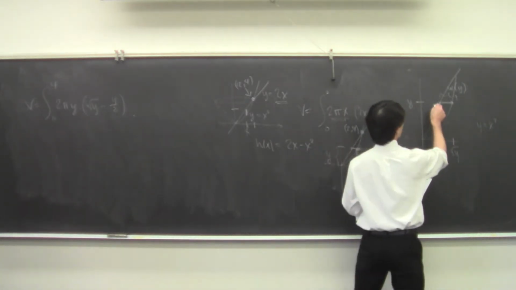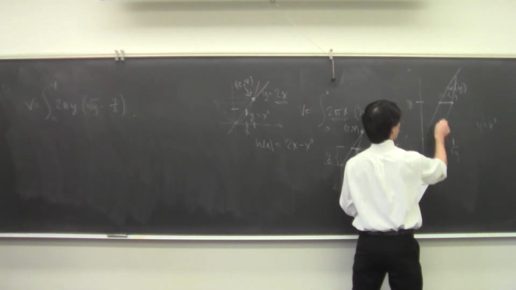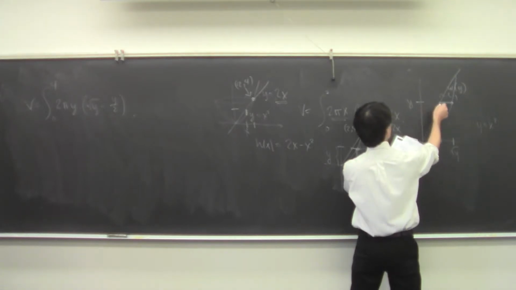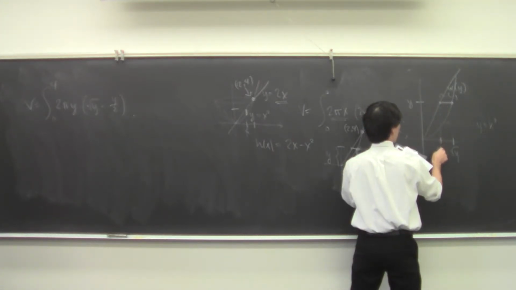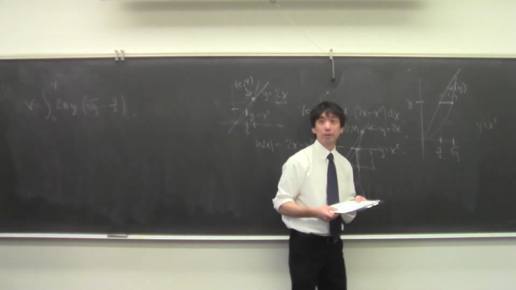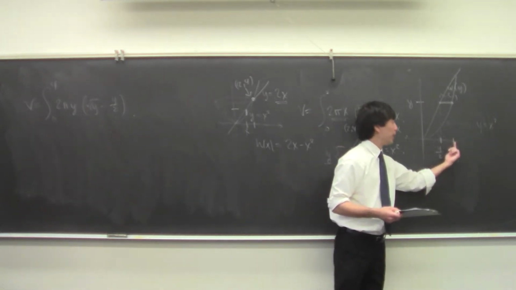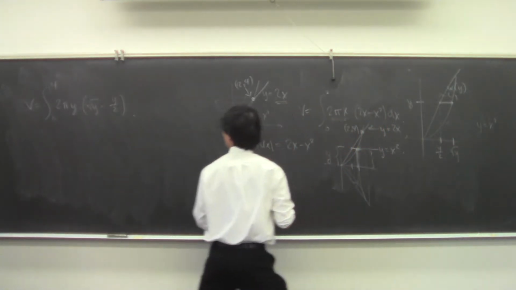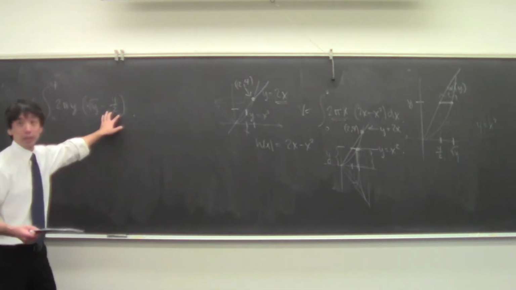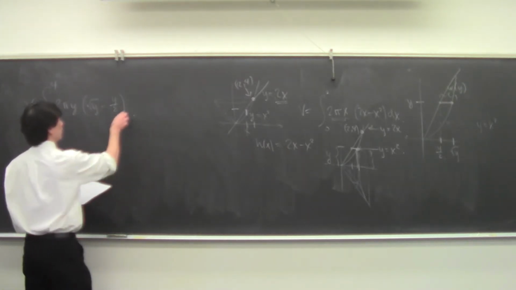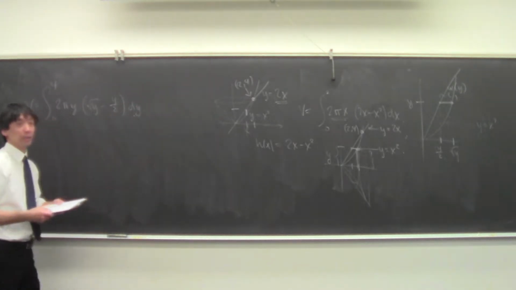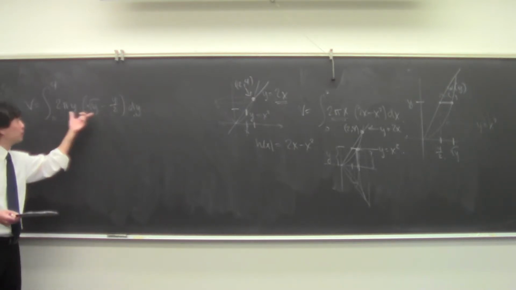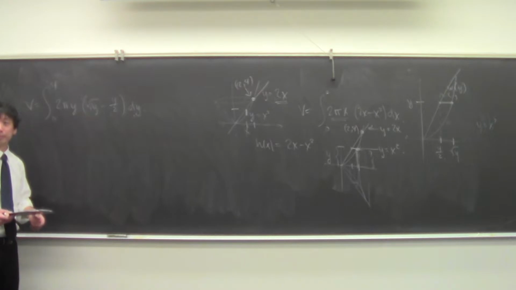And my left x value, I have y equals 2x, so x must be y over 2. So you get the one on the right minus the one on the left, and that gives you the width. Then you multiply by the thickness. That gives you the volume of the infinitesimal shell, and then you add them all together.